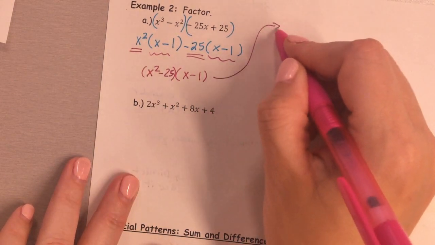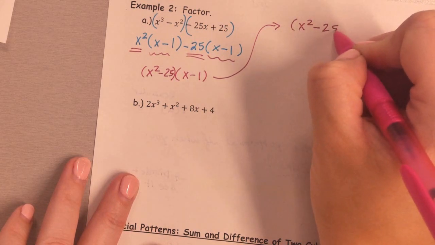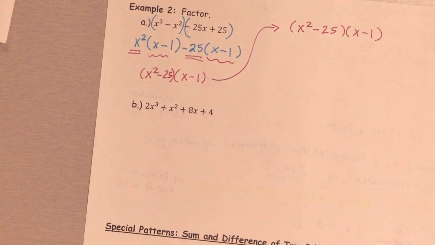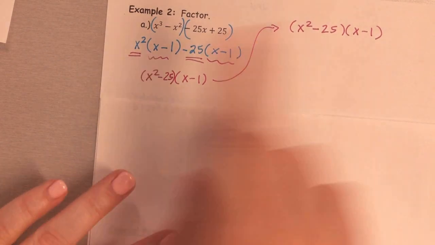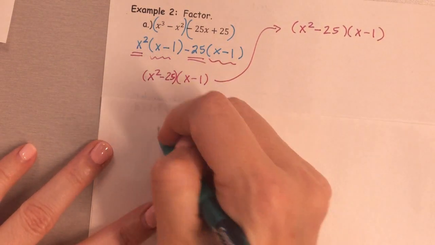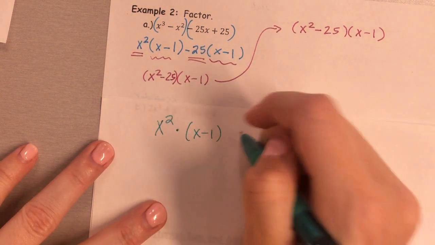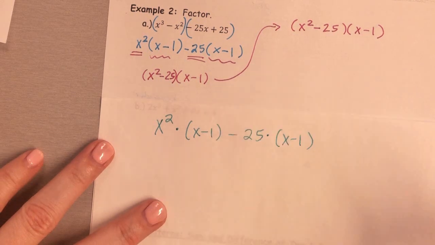Okay, and I'm just going to write this here because we are going to do another step. So x squared minus 25 times x minus 1. You don't have to write this next part down. I just want to show you where this is coming from, okay? So I'm going to show you this in a couple different ways. What's happening here is you have x squared times x minus 1 minus 25 times x minus 1.